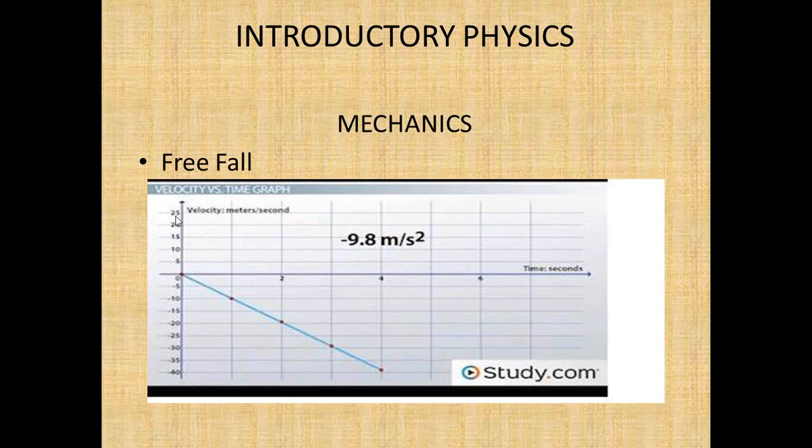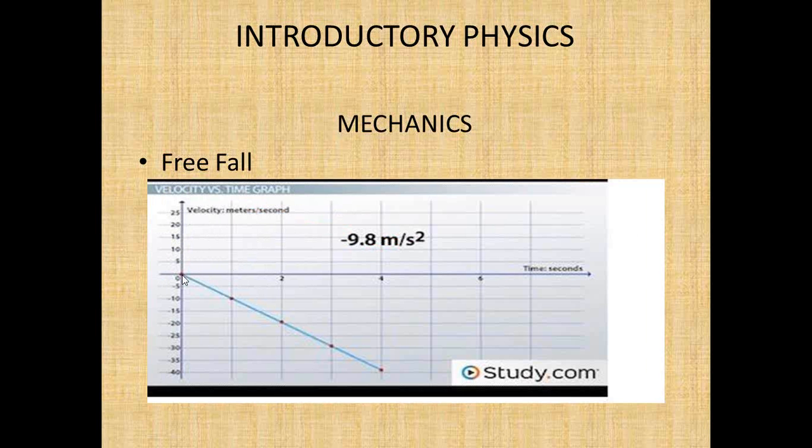All right, so your velocity is on the vertical axis and your time is on the horizontal axis. Positive velocity is above the horizontal, negative velocity is below the horizontal. Remember, it's going to be negative velocity because the object is coming downwards. If the object was going upwards, it would be in the positive portion of your graph.